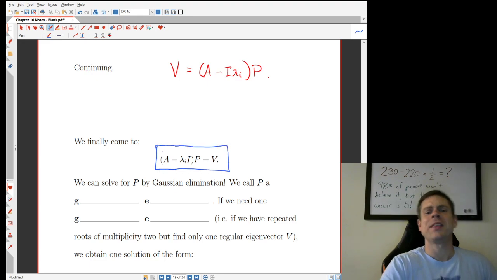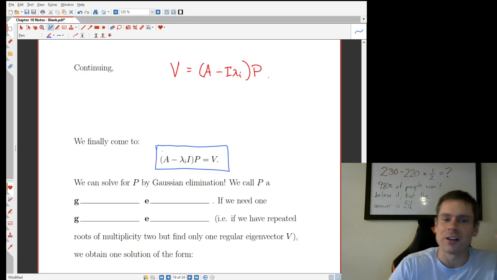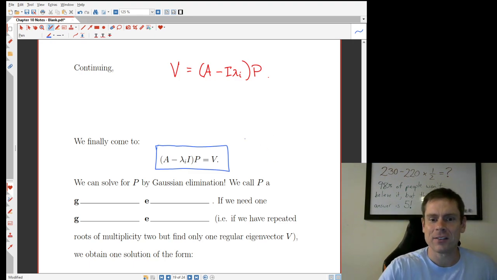But let's think about what this is. Okay, v was an eigenvector. v satisfies A minus lambda I times v equals 0.